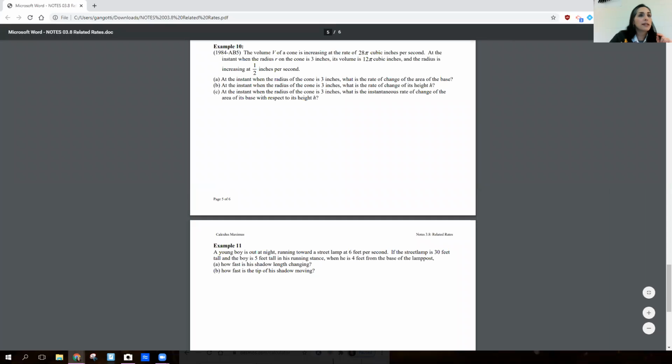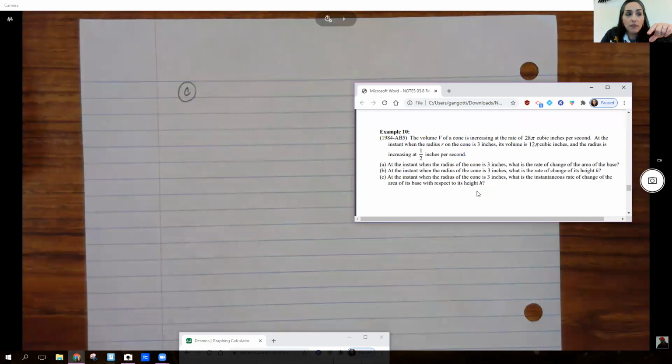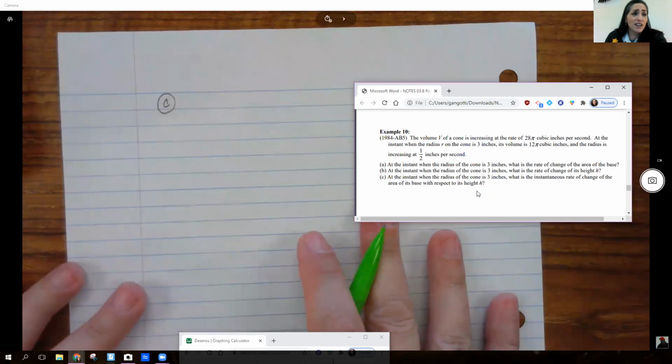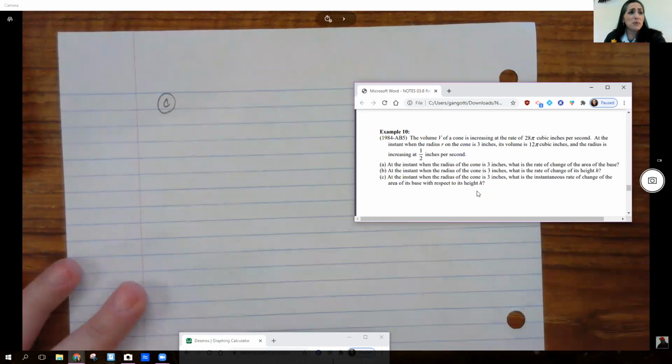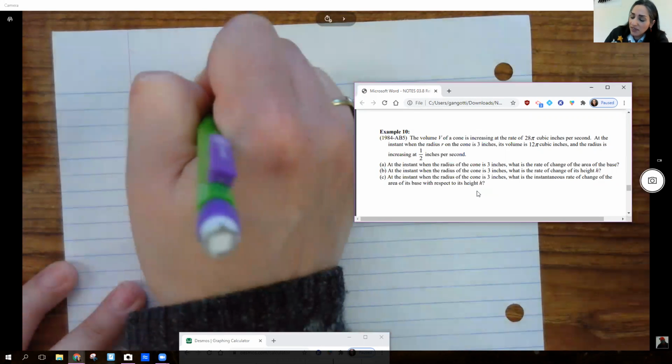With respect to its height, not with respect to time, with respect to h. This is so bizarre because you would never actually calculate this. I don't know if you would ever do this in real life.